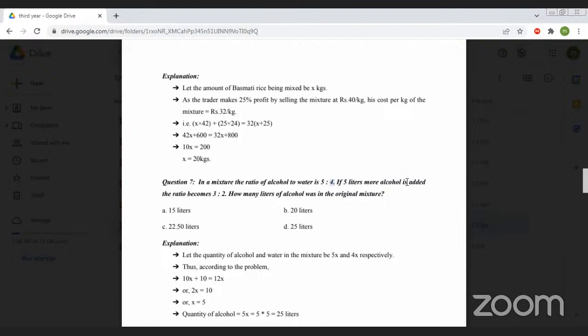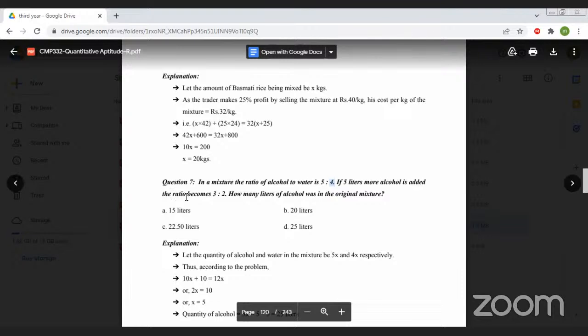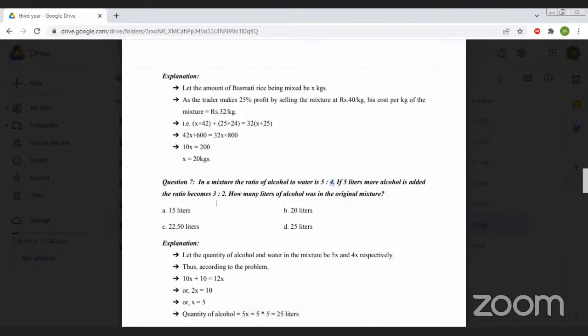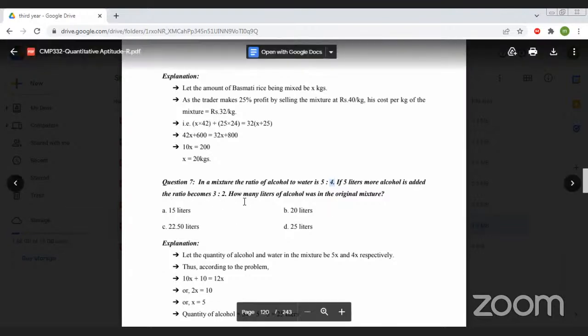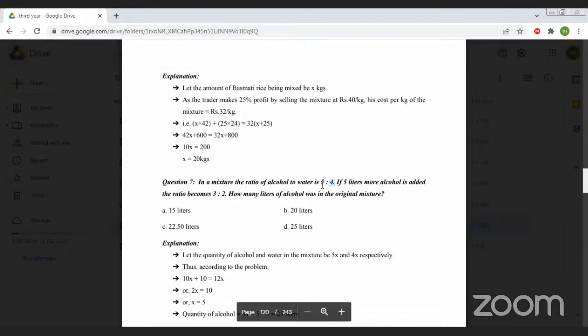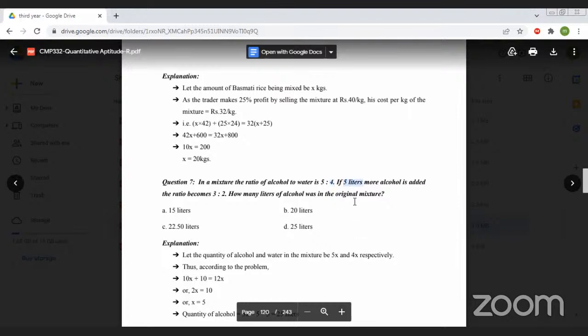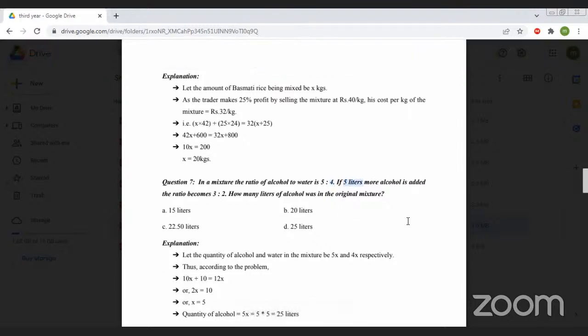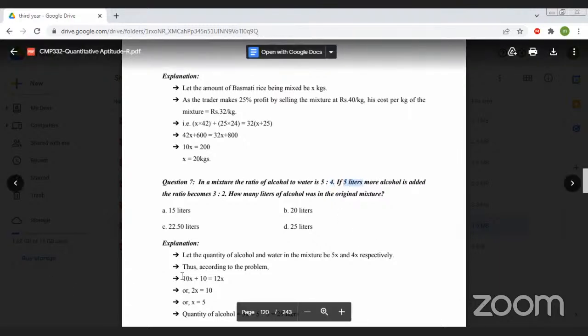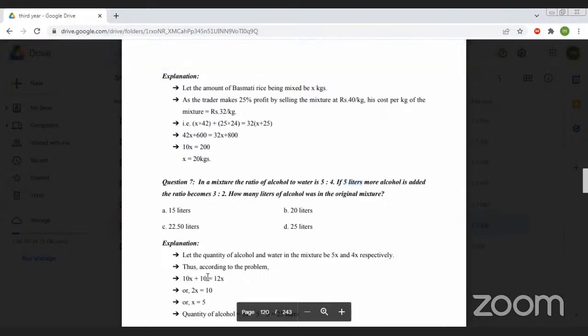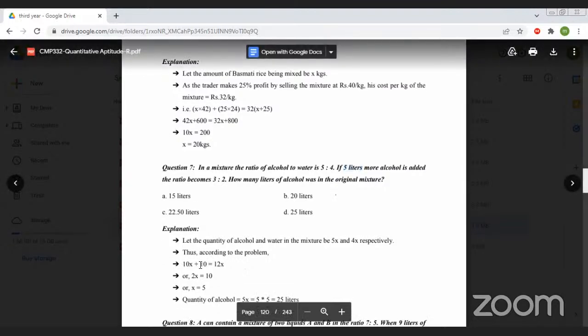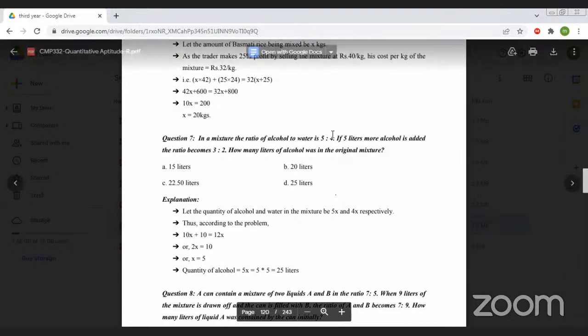If 5 liters more alcohol is added, then the ratio becomes 3 is to 2. How many liters of alcohol was in the original solution? If 5 liters is added, then it becomes 10x, correct? So 10x plus 10 equals 12x. So that becomes the x value will be 5.